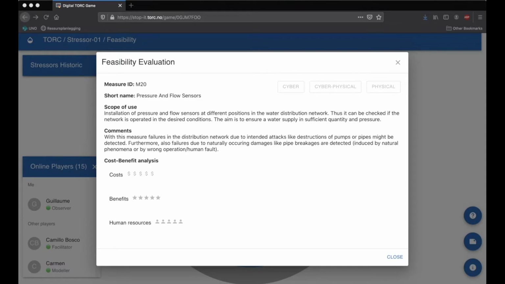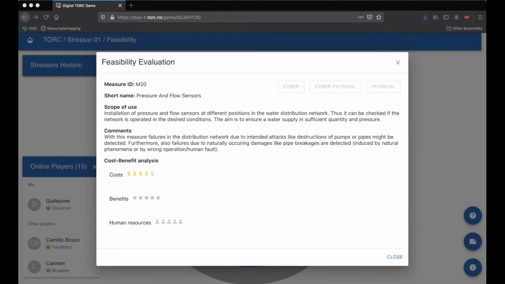And about the cost, because if you put a lot of pressure and flow sensors, depends on the amount, it can cost a lot. It will cost a lot. I would say $4 or something like that. Yeah, I think it's reasonable. Yeah, you can also put a description in the cost.